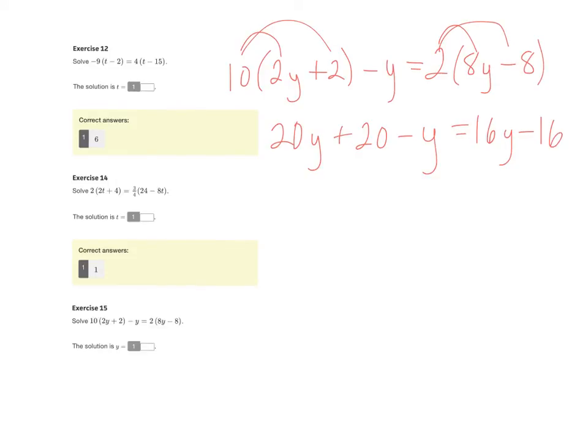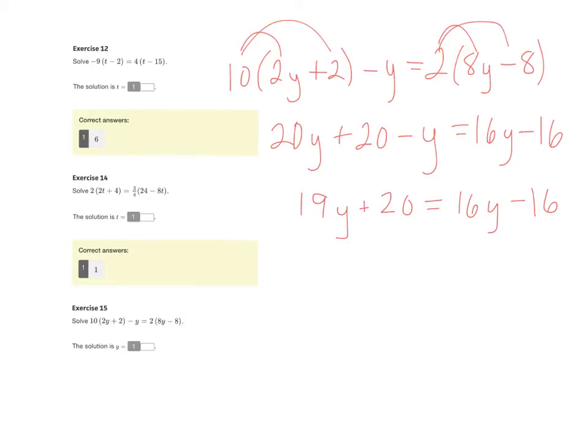On the left-hand side, I have two terms that I can clean up a little bit. 20y minus 1y. So 20, take away 1, I have 19y plus 20 equals 16y minus 16.